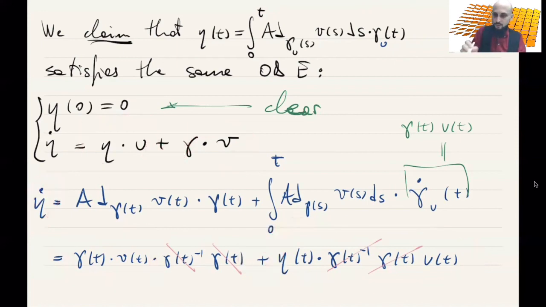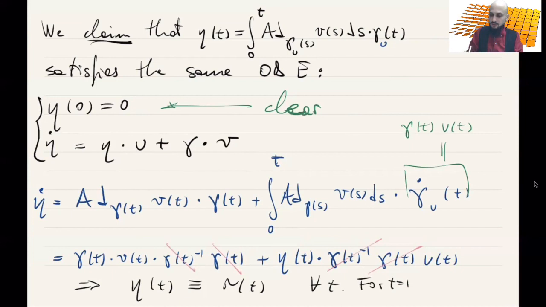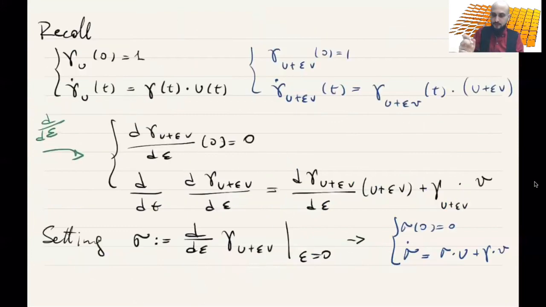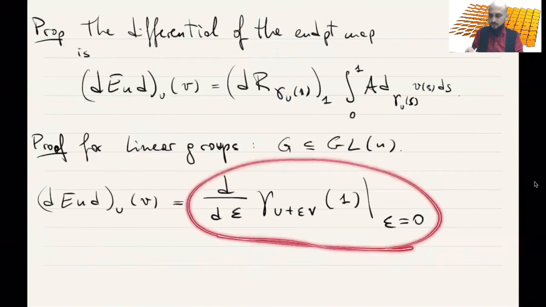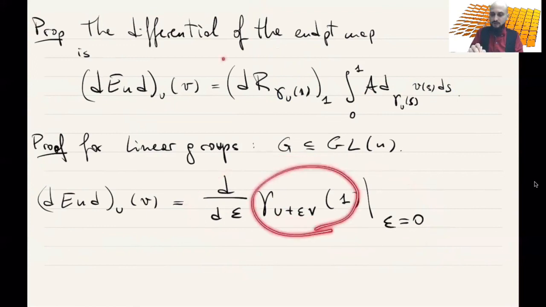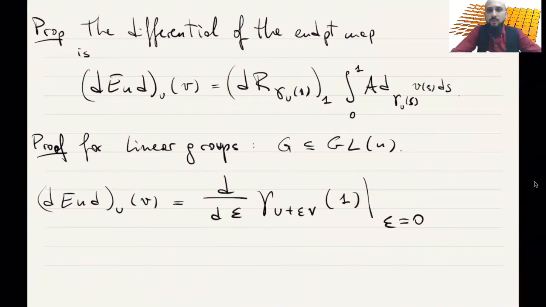And therefore, what we conclude is that eta(t) coincides with sigma(t) for all t, and for t equal 1 gives what we wanted, namely the derivative in epsilon of these functions in epsilon equals this value here. And we calculated the differential of the endpoint map.